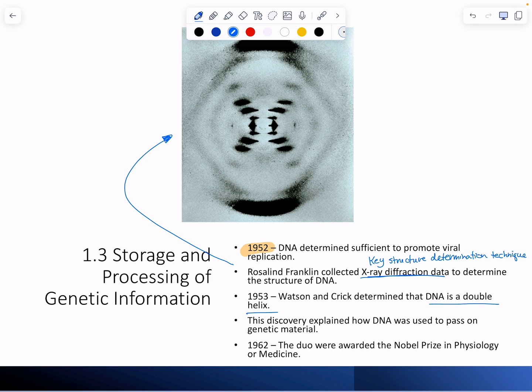So once we knew those structural rules, we were able to use that to determine how the molecule functioned.